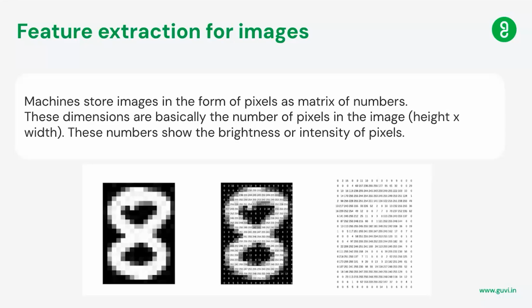So this is a very simple representation of a grayscale image, where based on the intensity, how black or how white your image is, you can actually assign the number for a particular portion. And this entire matrix will represent the number of pixels in the image. This will generate a two-dimensional matrix for a grayscale image.